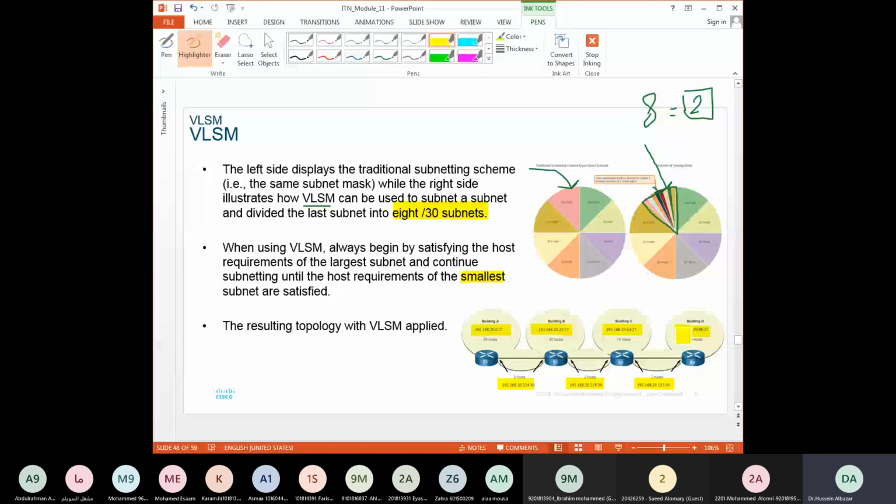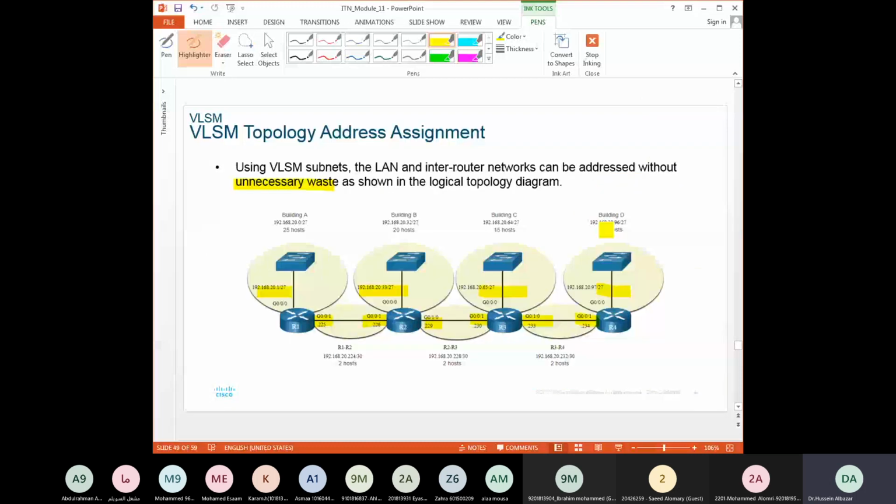So by using the variable length subnet mask, the LANs and the inter-router networks can be addressed without unnecessarily wasting unused IPs. Only 2 hosts for each link, and we have met the requirement of each one: 28, 15, 20, 25. So we have used /27 and /30 on the same network. This is the main concept of the variable length subnet mask.